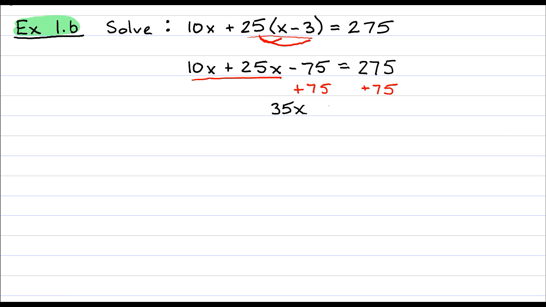On the right-hand side I have 275 plus 75, which is 350. Then in the final step I just need to divide both sides by 35 so that I can isolate the x. If I do that, I'm left with x equals 10. And that's the answer to this problem.